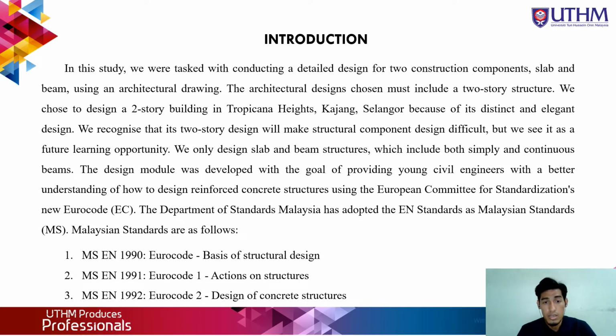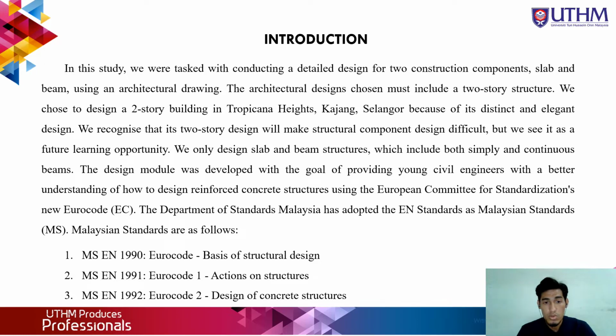In this study, we were tasked with conducting a detailed design for two construction components, which is slab and beam, using an architectural drawing. The architectural design chosen must include a two-story structure.